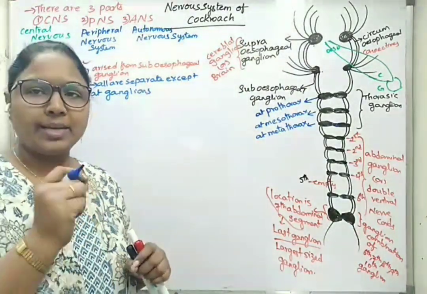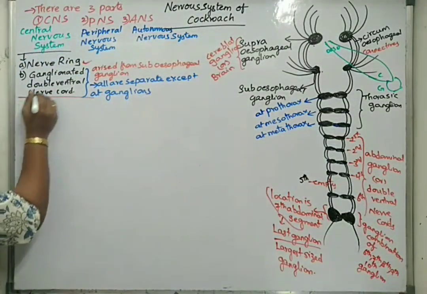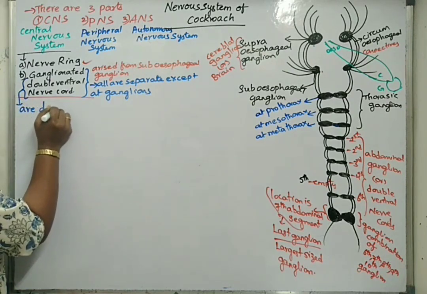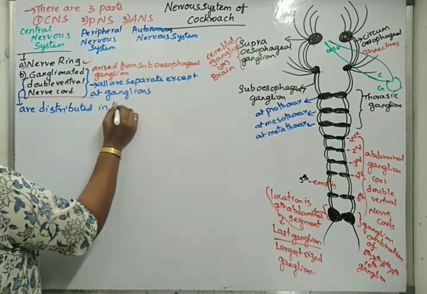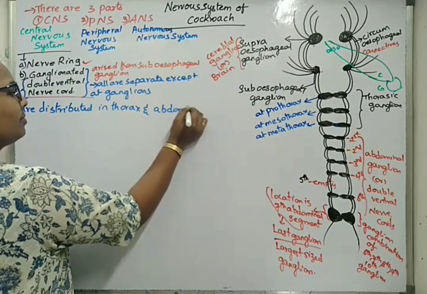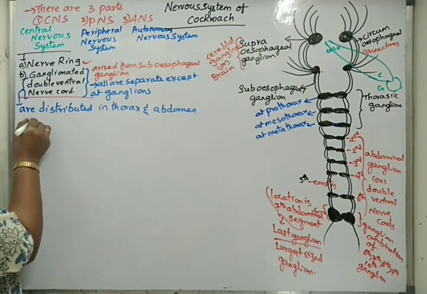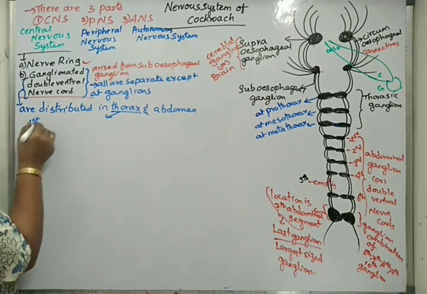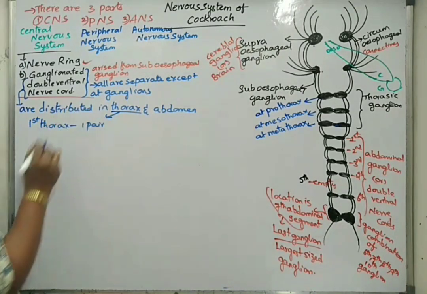Distribution of abdominal ganglia and thoracic ganglia in each and every segment will be like so. These are distributed in thorax and abdomen. First we will take thorax. In the first thoracic segment, one pair is present.